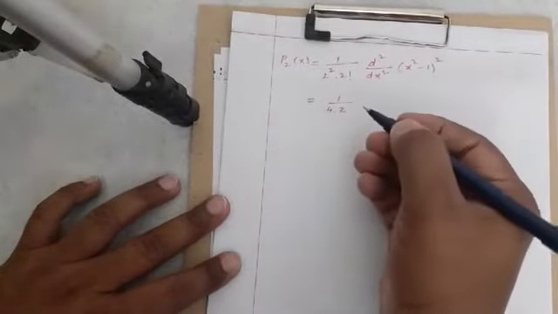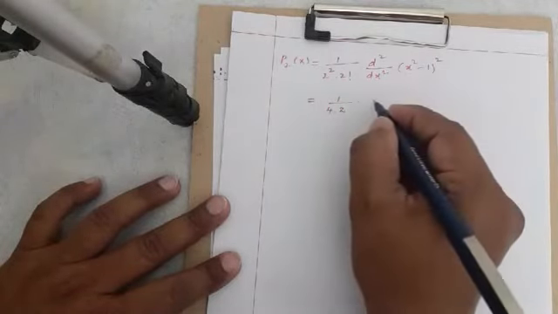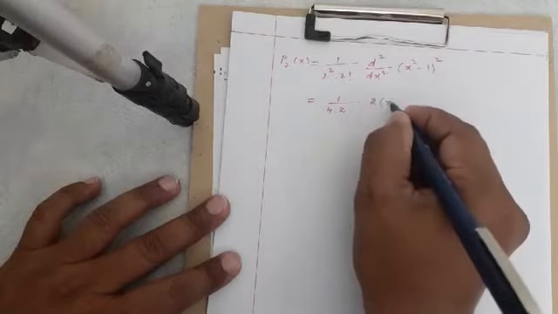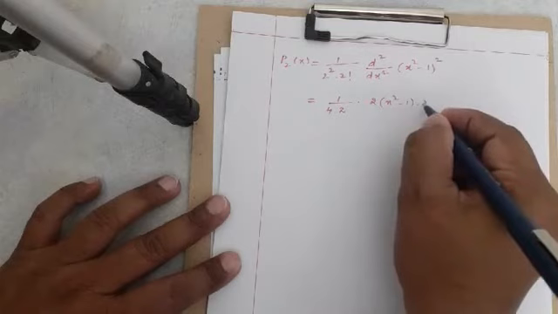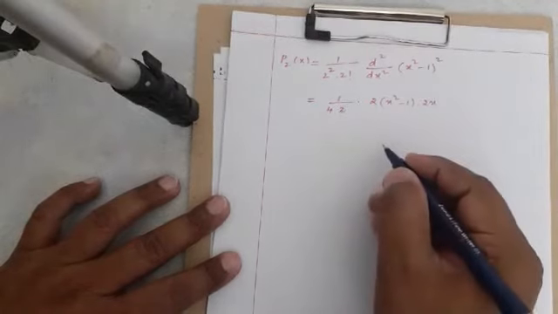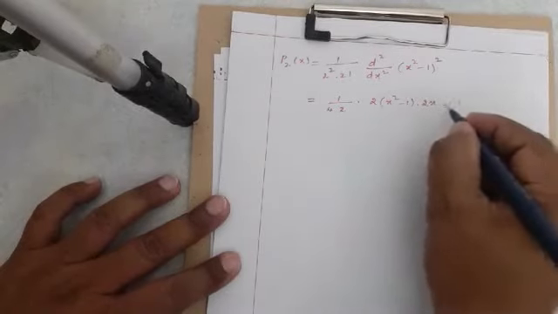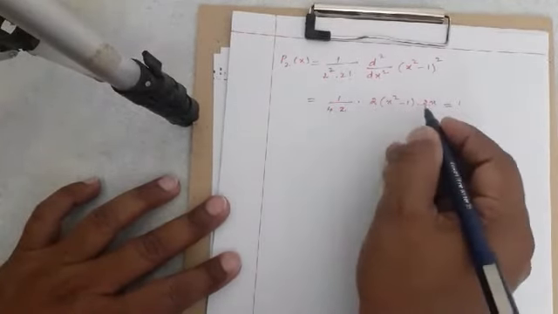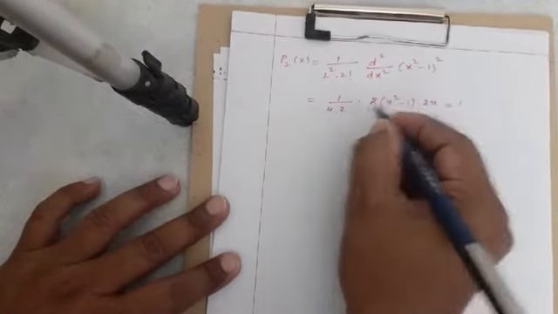Now when you differentiate once, this becomes 2 into (x square minus 1) into 2x. Again when you simplify this, you can cancel here. 2 into 2 is 4, and 4 cancels with 4.